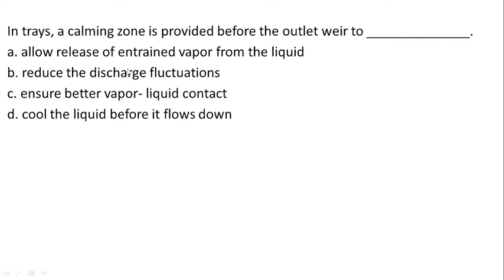Then next question. In a tray, a calming zone is provided before the outlet weir. Why is it given? Can you tell?